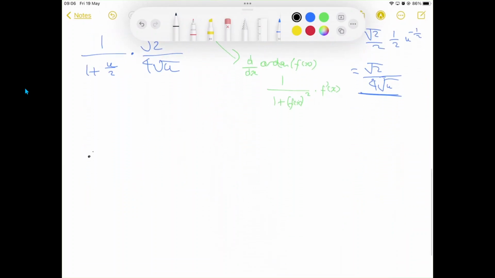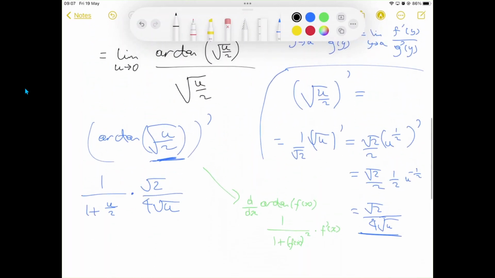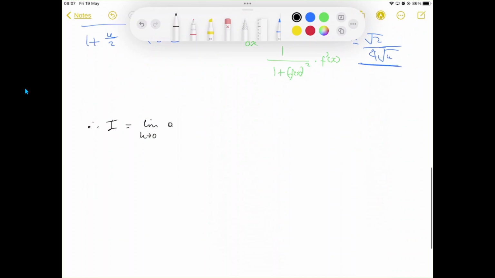So therefore our integral is equal to the limit as u approaches 0 of arctan of root u over 2, over root u over 2.